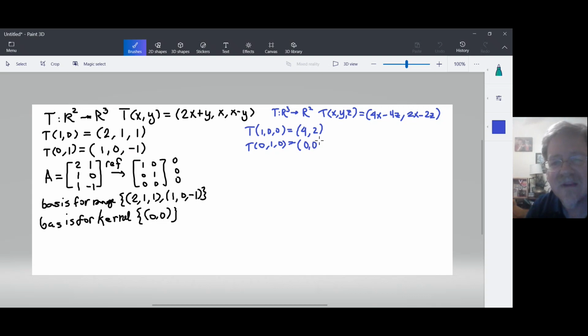And then if we look at the mapping of 0, 0, 1, here z is 1 and everything else is 0, so there's going to be -4 and -2.